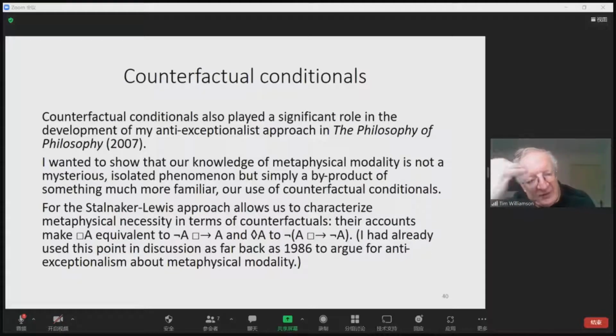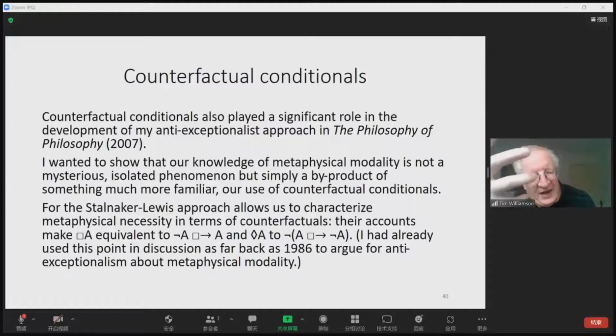Of course, there are mysteries, or problems, about exactly how counterfactual conditionals work, but what's clear is that in ordinary life and in science we make a lot of use of them. So this is not just some isolated philosophical thing. These are things which are built into our use of ordinary counterfactual conditionals.